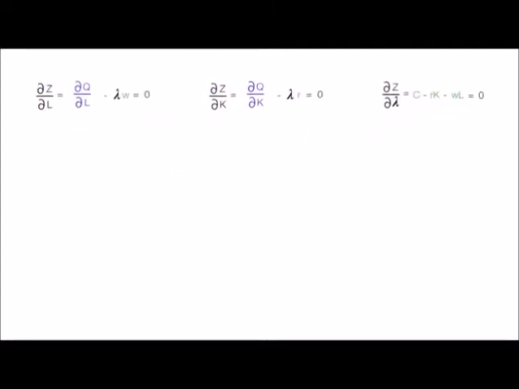I'm going to work on these one at a time. I'll do that one first, then I will work on the second equation. I don't think I'll need to work much on the last equation, but I'll put it there anyway. Again, I'm going to solve for lambda in all equations. So the way I do this, I add lambda times w to both sides of the equation, a little algebra here, and these two terms cancel out.